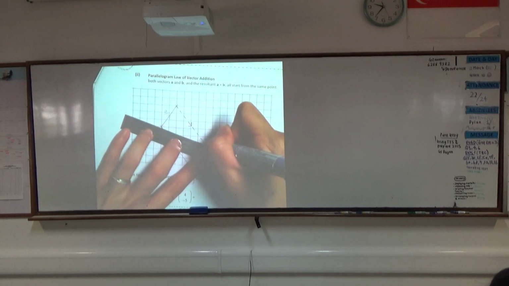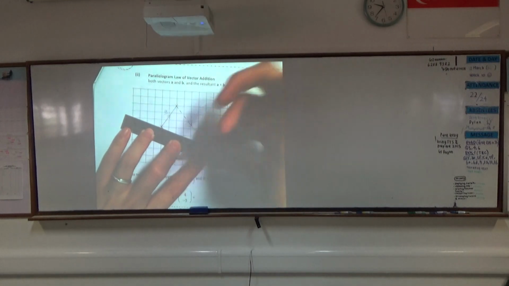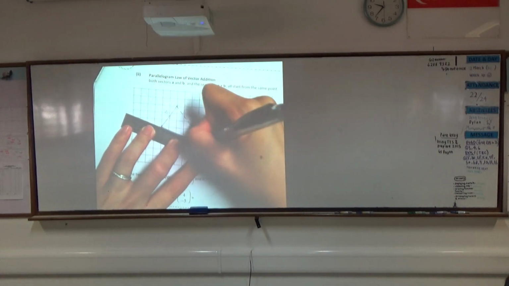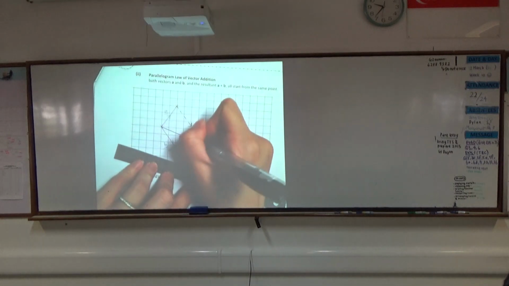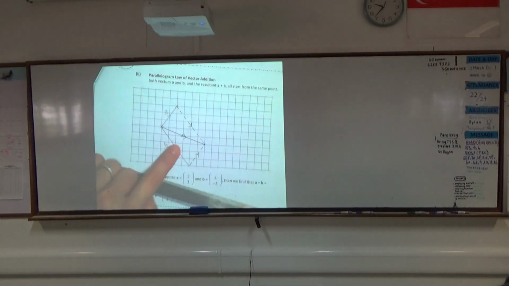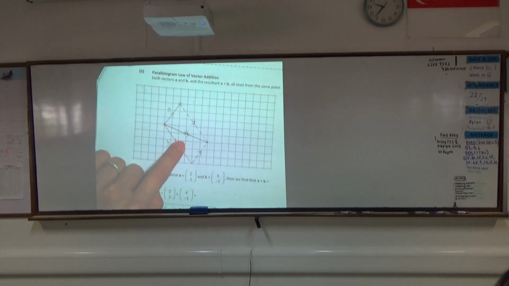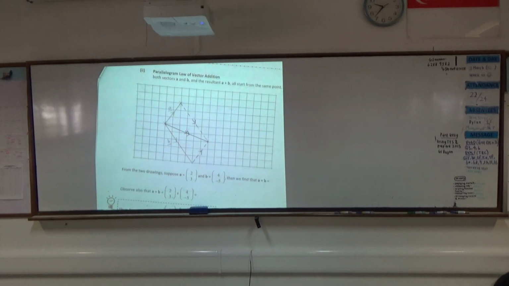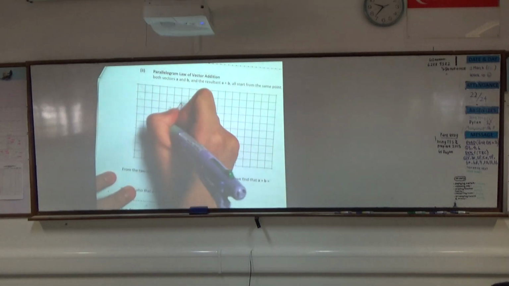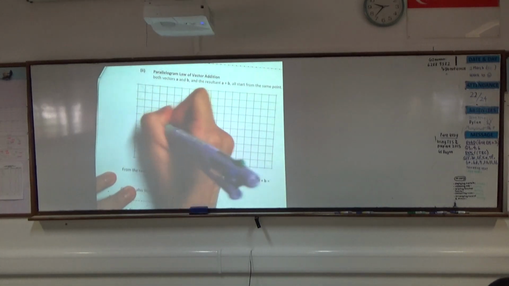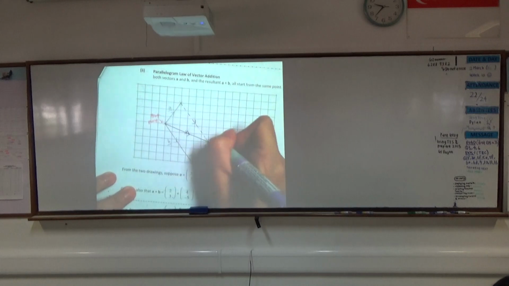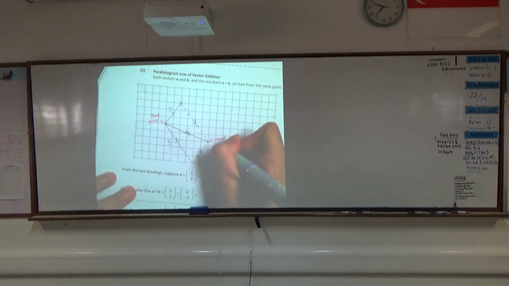So your resultant vector will be this one here. So this is the start point and end point of your resultant.